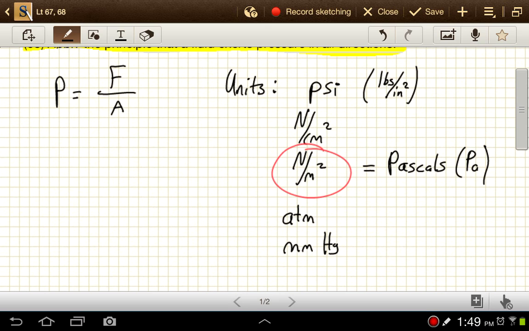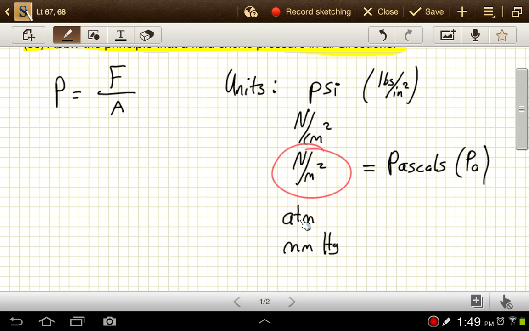So there are some conversion ratios between each of these that you'll want to be familiar with as you're working these. Any that you would need on the AP test would be given to you, but some of the ones that you might want to know would be, what is 1 atmosphere of pressure, or we call that atmospheric pressure. What is atmospheric pressure in each one of these systems?